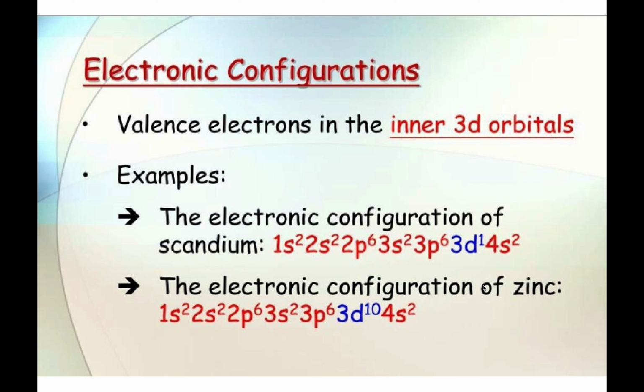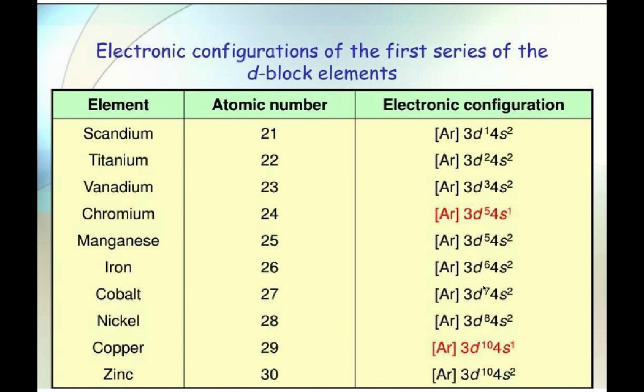The electronic configuration of zinc is 1s2, 2s2, 2p6, 3s2, 3p6, till then it is the same, but here we have 3d10 and then 4s2. Remember the difference. The diagram shows the valence electrons in the inner 3d orbitals, and you can see the electronic configurations of the first series of d block elements from atomic number 21 to 30.